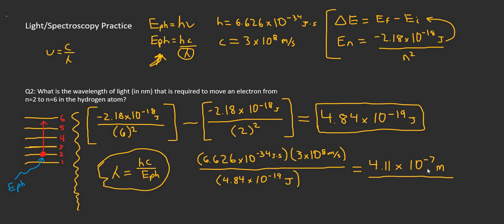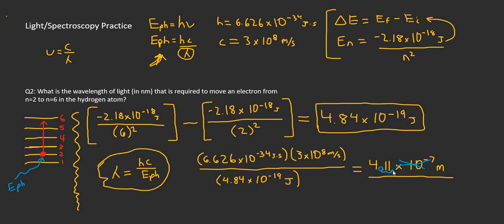Now you can of course use the conversion factor of 1 times 10 to the 9th nanometers is equal to 1 meter. Or you can use a little shortcut. The shortcut involves taking this decimal place here and moving it twice. Move that decimal 2 times, and knock off this scientific notation.